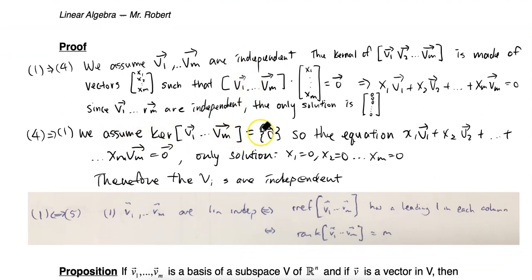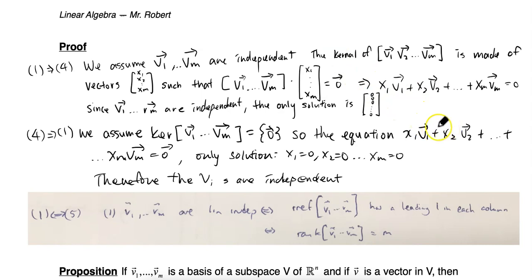We assume that the kernel is 0, and because of that, the equation x1 v1 plus x2 v2 etc. is equal to 0 has only one solution, and that is x1 equals 0, x2 equals 0, etc. xm equals 0. And therefore, the vectors vi are independent.